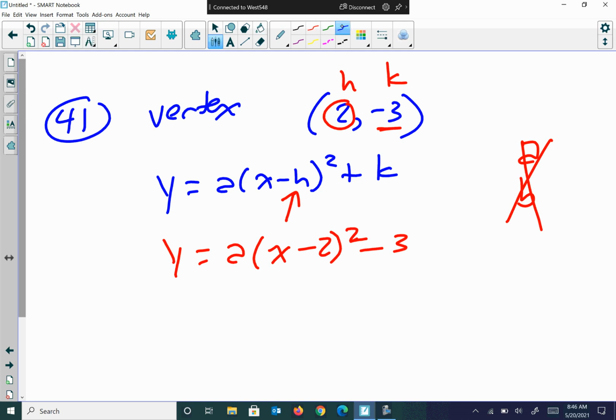Now this is where you have to think about our pattern graphing. Remember, our pattern graphing is a times 1, 3, 5. So from our vertex, if I go right 1 and go up 1, do I land on the parabola that's graphed? If I go right 1, up 1 from the vertex, what do you think?